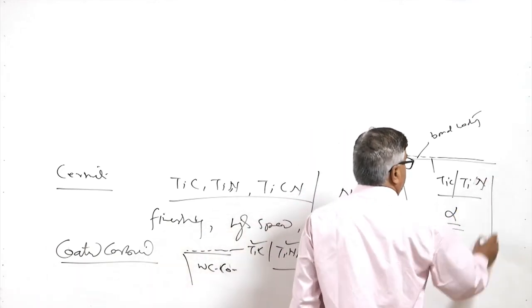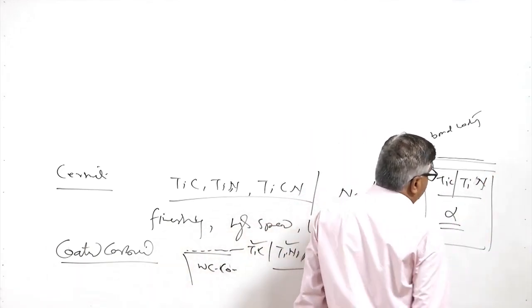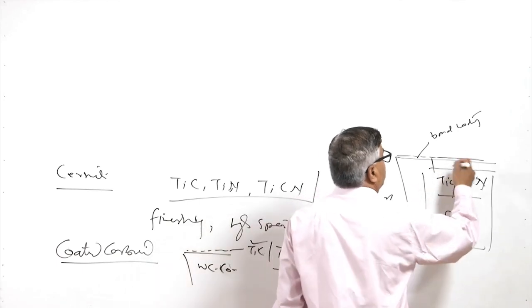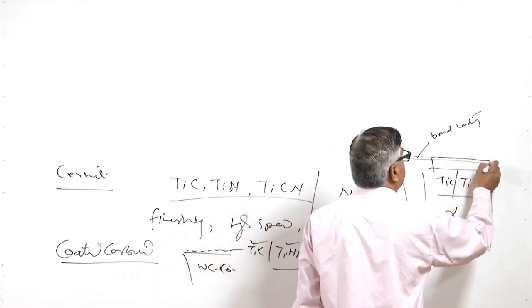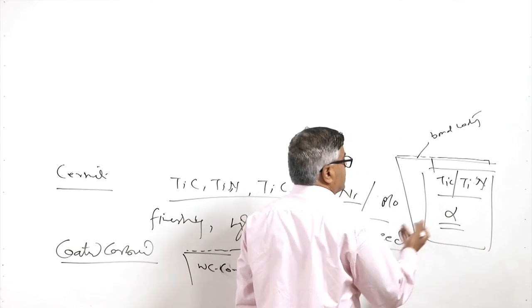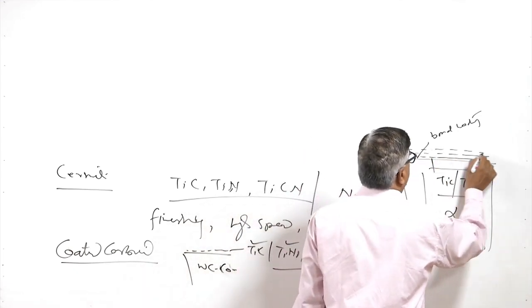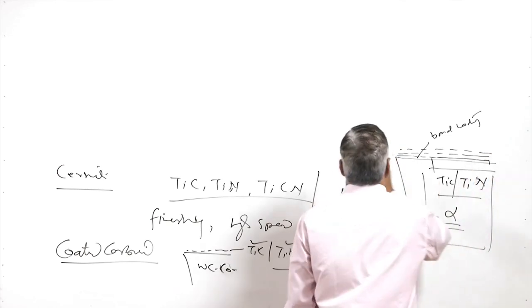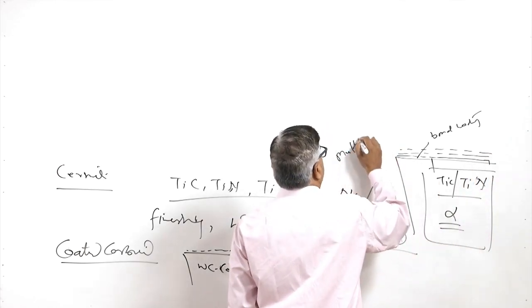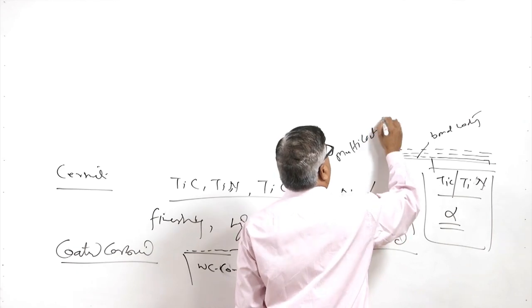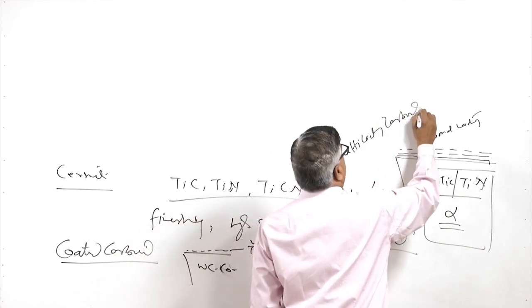So, there is no mismatch in terms of the alpha value, and that is why it results in very good bonding with the substrate, that is the cemented carbide tool, and over this we can deposit a number of other coatings as per the requirements for developing multi-coated carbide tools.